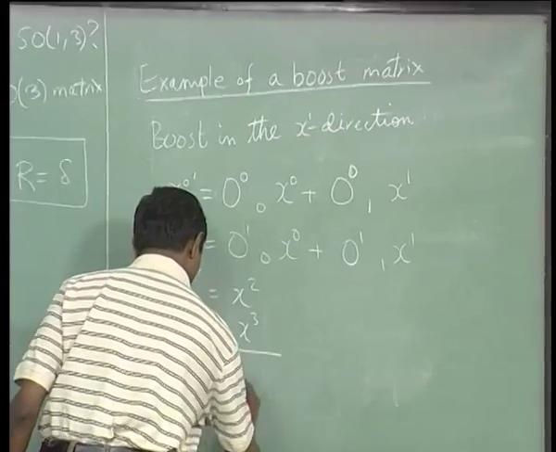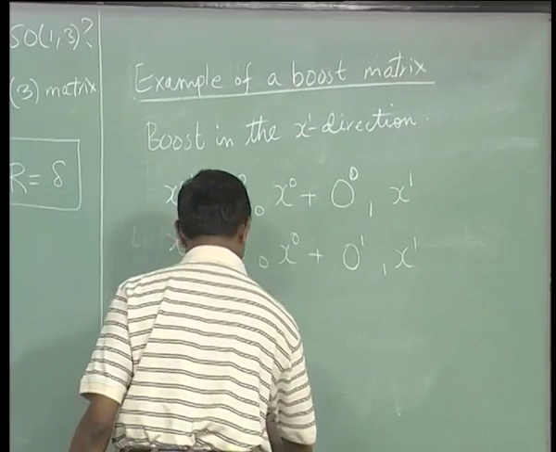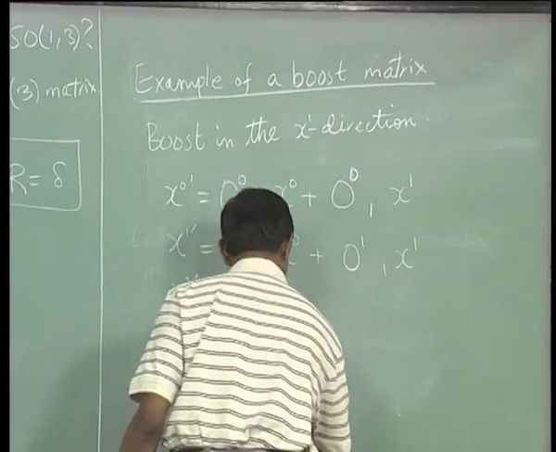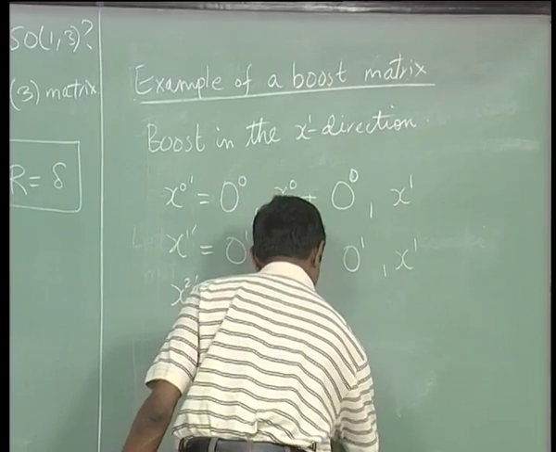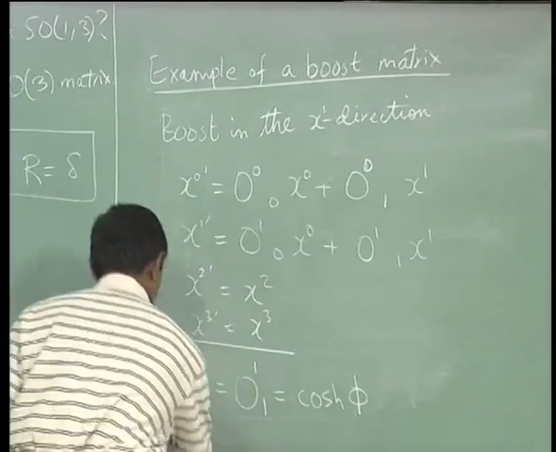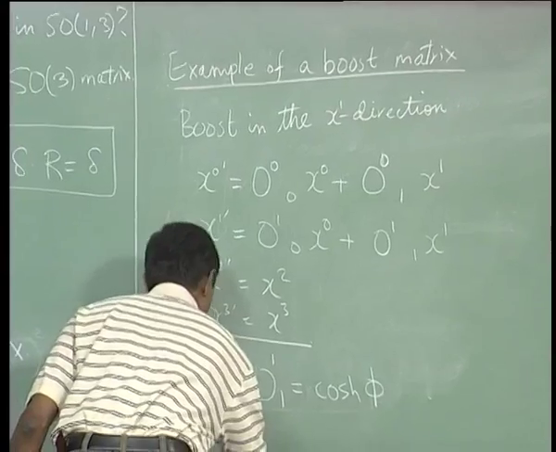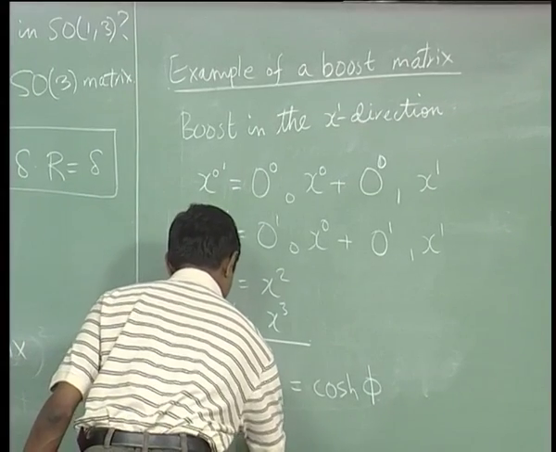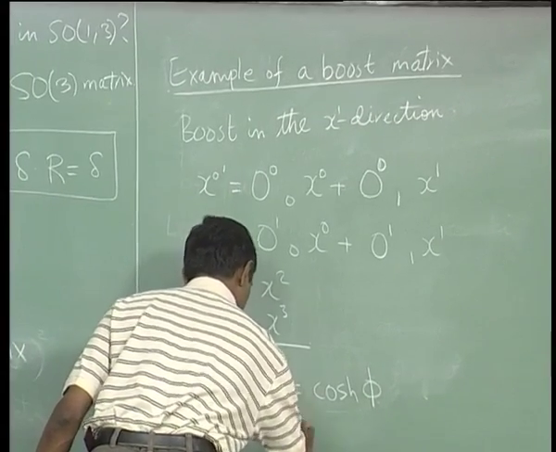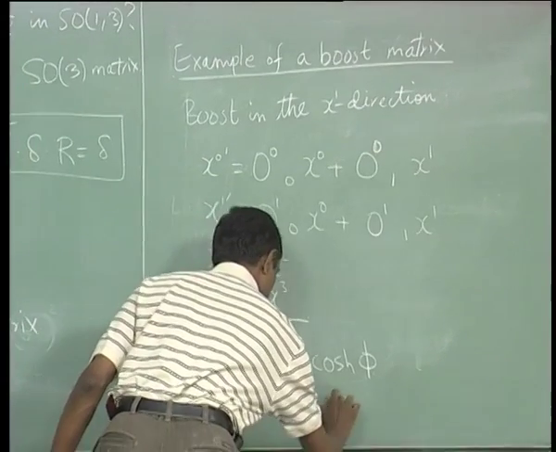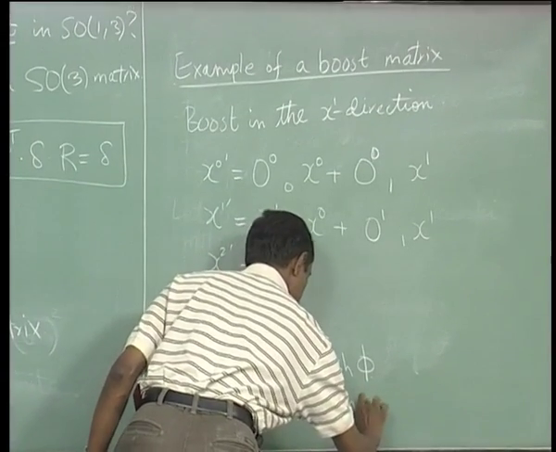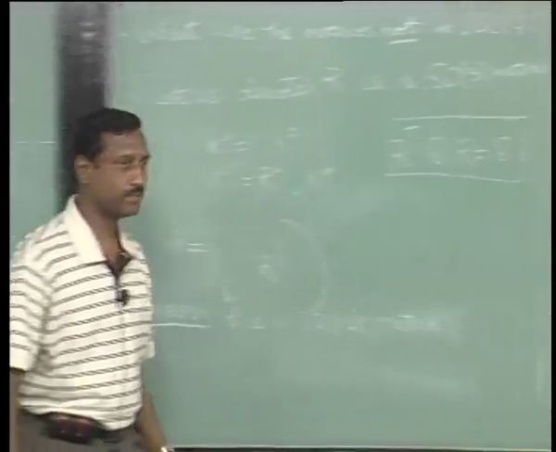What you will find is that O00 equal to cosh phi, O11 should be equal to cosh phi, O10 equal to sinh phi, O01 should be equal to sinh phi.